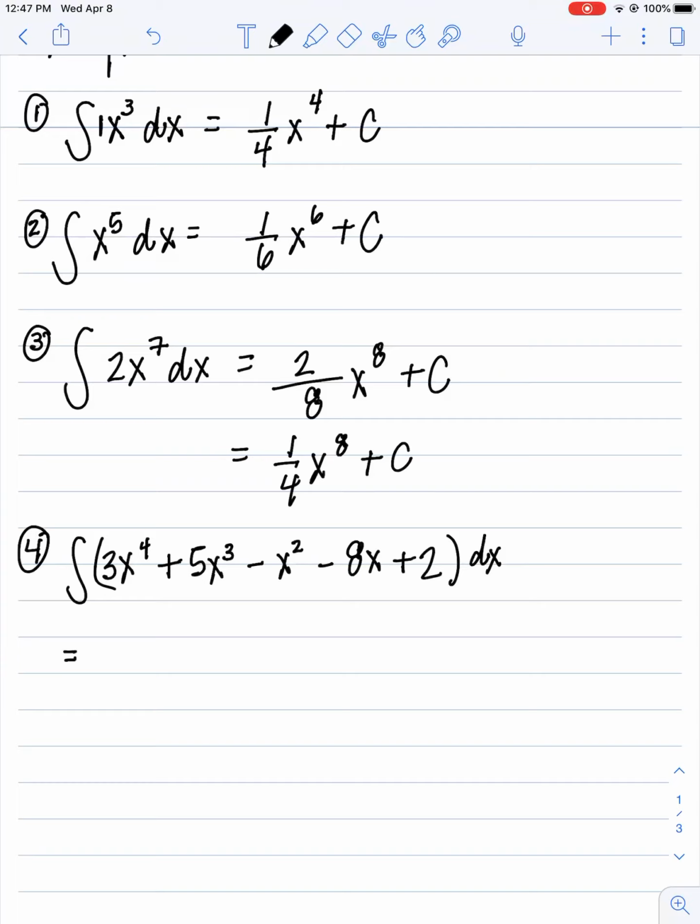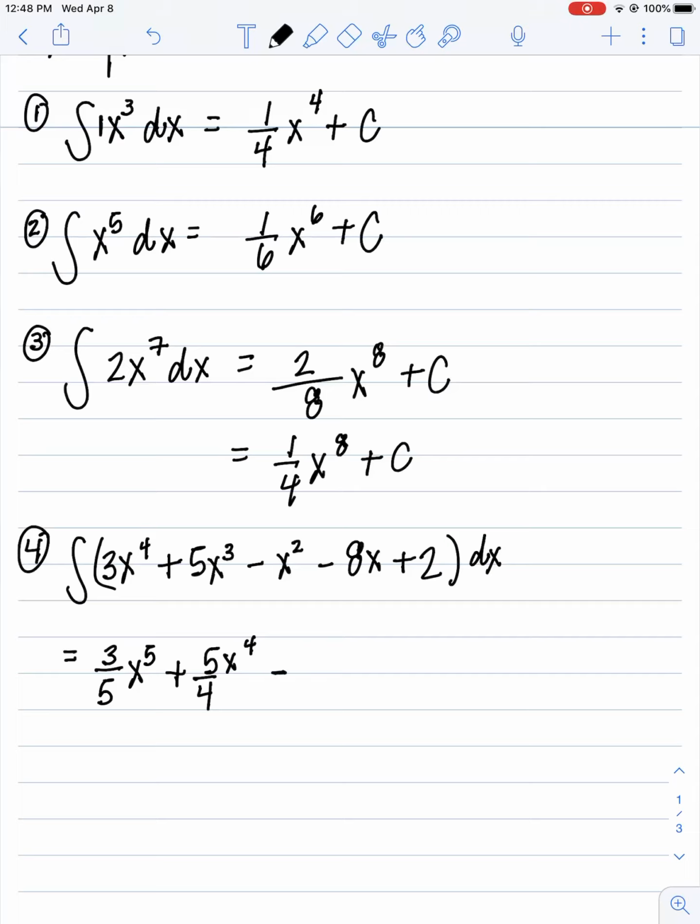So 3x to the 4th. Again, the exponent is a 4, so the exponent will become a 5. So it'll be 3 over 5 x to the 5th. Okay? Move to the next piece, plus 5x to the 3rd will become 5x to the 4th. And yes, you're exactly right.